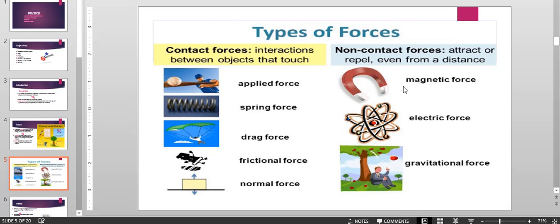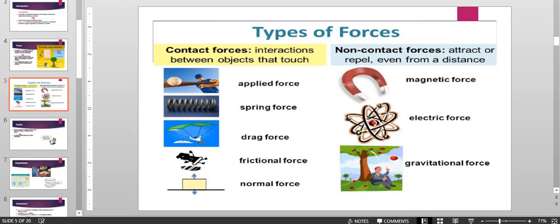Whereas magnetic force, electric force, and gravitational force are termed as non-contact forces. Now students, let's see some practical examples of force and the types of force, so that it will be much more clear to all of you.